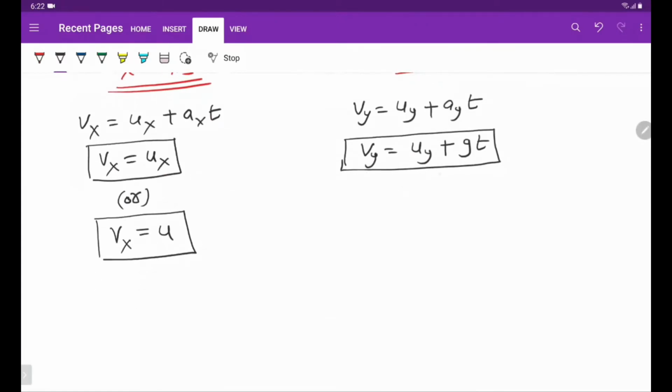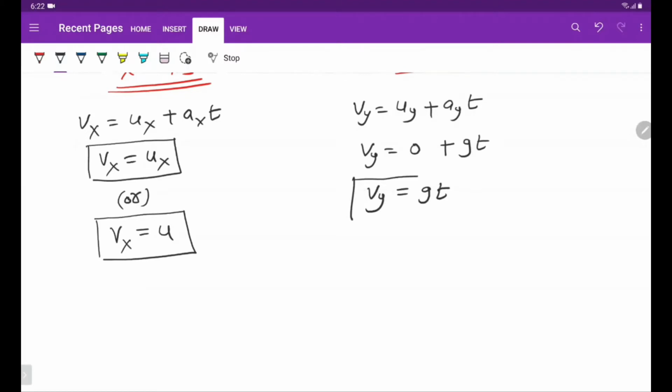One more step we can add: uy is 0, because there is no vertical component initially. So finally Vy is equal to gt. At any time, the vertical velocity is gt.